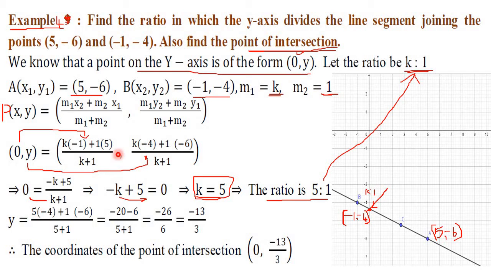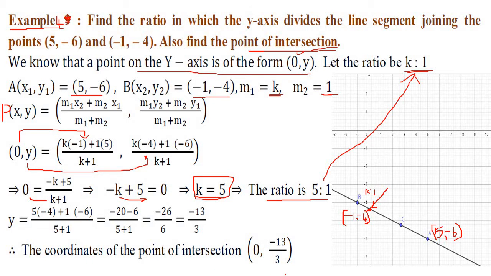So y is equal to, in the place of k, substitute 5: (5 into -4 plus -6) divided by (5 plus 1). Which is equal to (-20 minus 6) divided by 6, which is -26 by 6, equal to -13 by 3, the value of y. Therefore, the coordinates of the point of intersection are (0, -13/3).